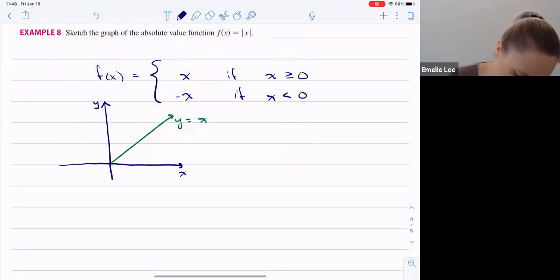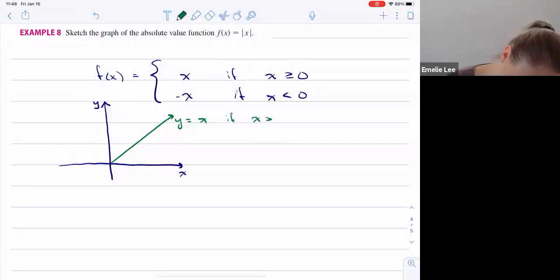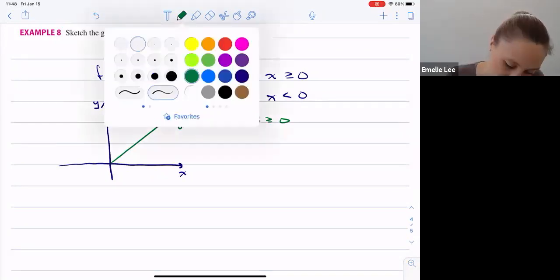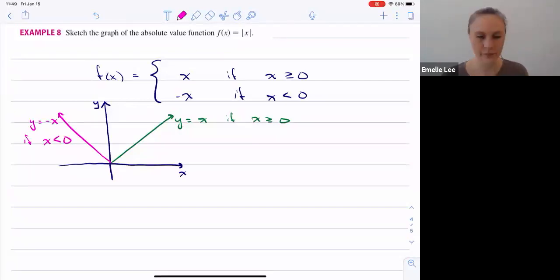And I've got my x-axis, my y-axis. Okay. If x is greater than or equal to 0. Okay. And then if I draw a negative slope, right, a slope of -1, and the intercept of 0, then I have y equals negative x if x is less than 0.